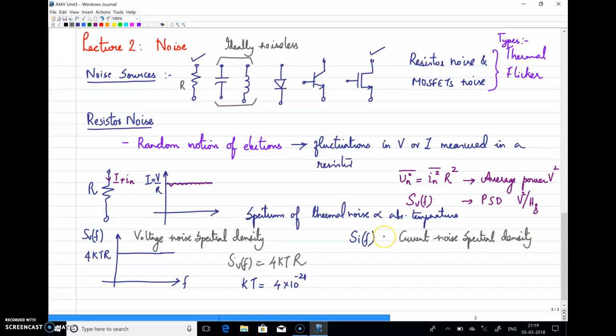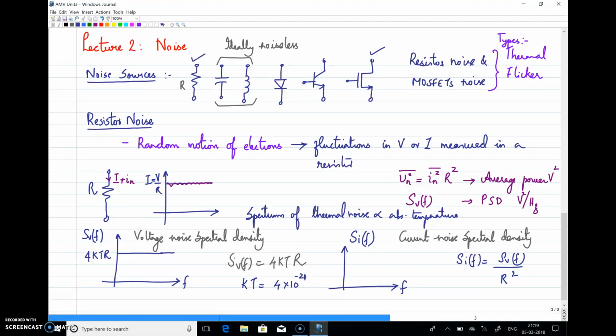If I want to obtain SI of f and plot it across frequency, its value can be obtained as SI of f is equal to SV of f divided by R square.